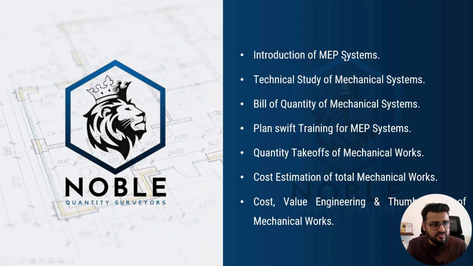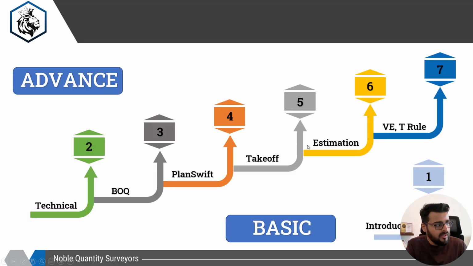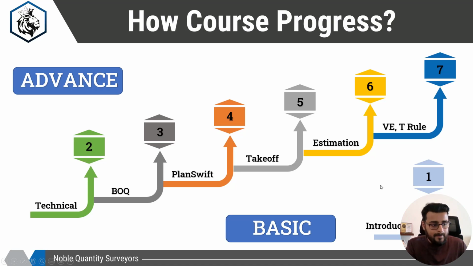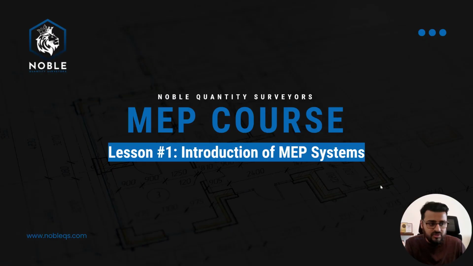So the first lesson is the introduction, which is our basic lesson, and the next 6 lessons will be covered in the advanced version. So this is how this course will progress. Now I am going to start with our first lesson, that is introduction of MEP systems.